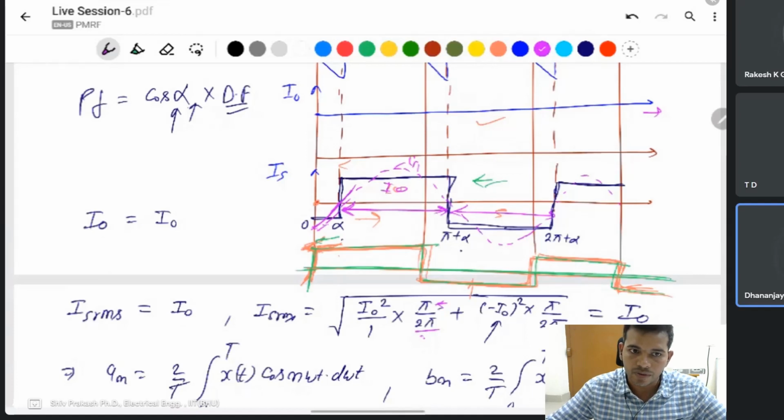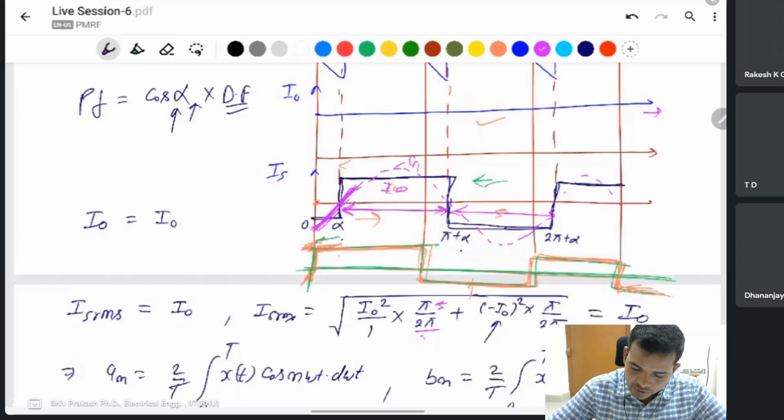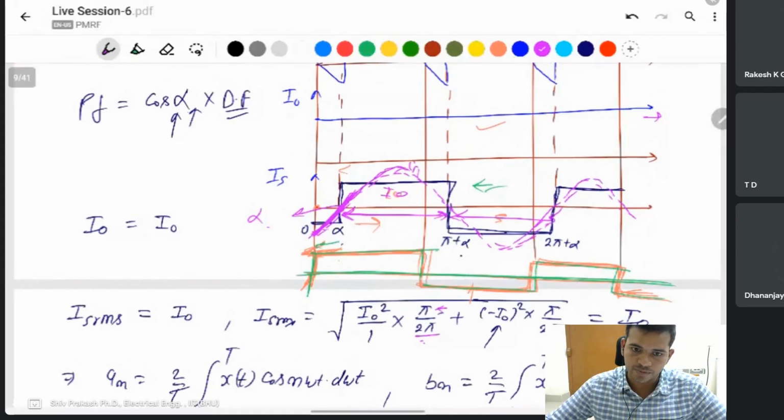It is the same as the triggering angle of the thyristor, because of this zero passing like this, all components will be zero at zero. That's why alpha is the same for the fundamental. The fundamental component goes like this one, and we can compare this one with the total voltage.